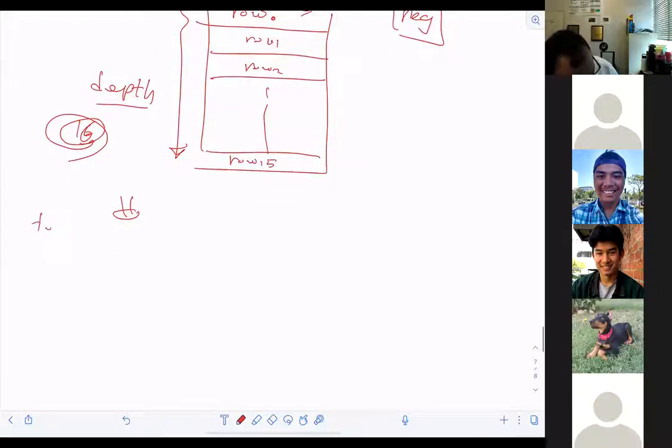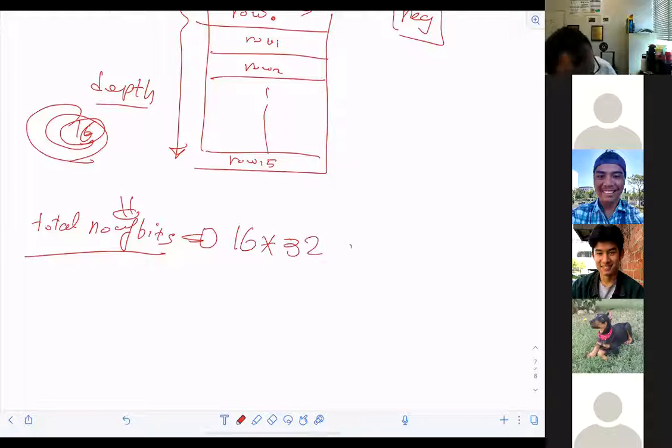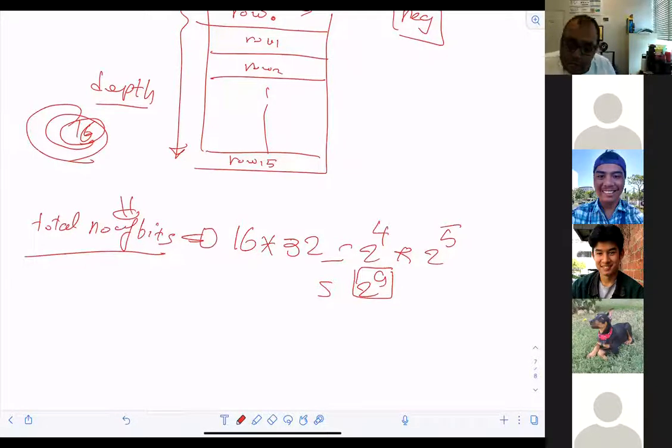So the total number of bits this memory is storing is 16 times 32. Do you agree? It's 2 power 4 times 2 power 5, that's actually 2 power 9. What is 2 power 9? Somebody tell me. 512.